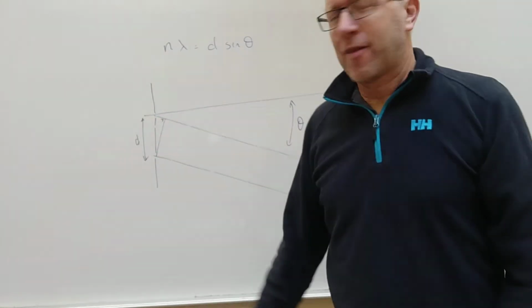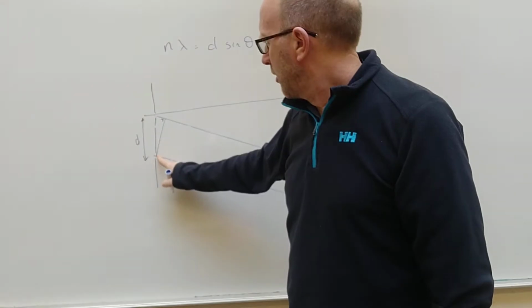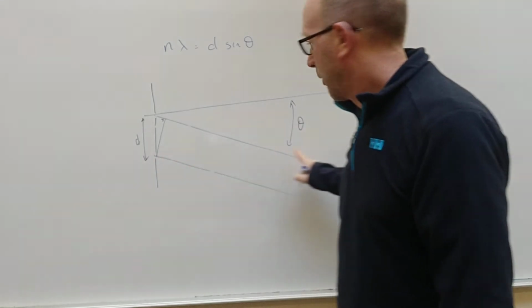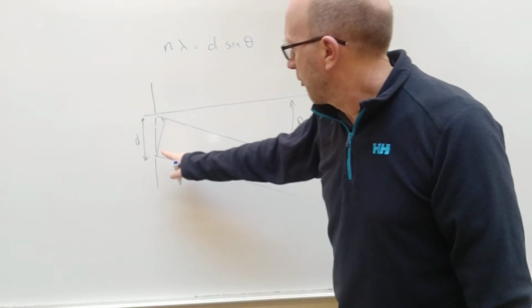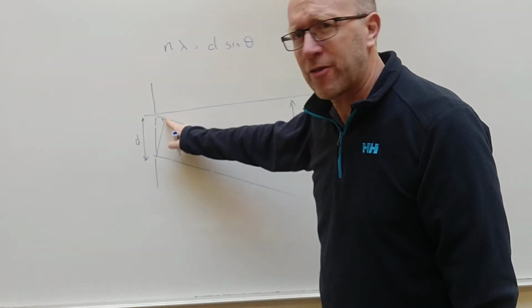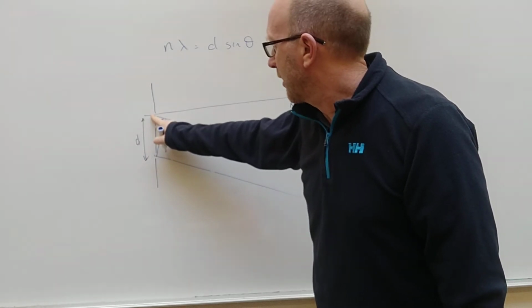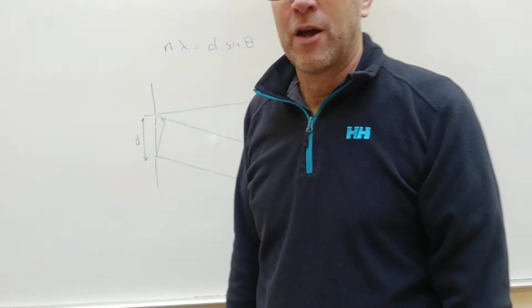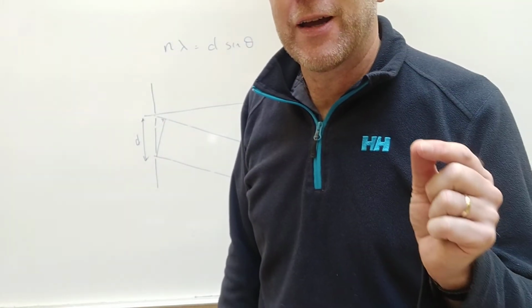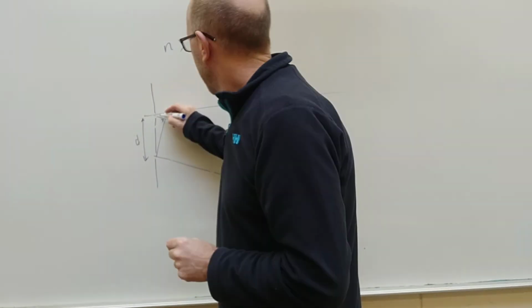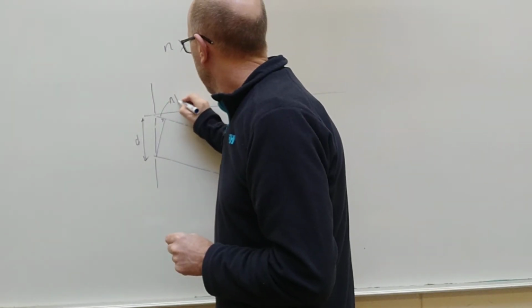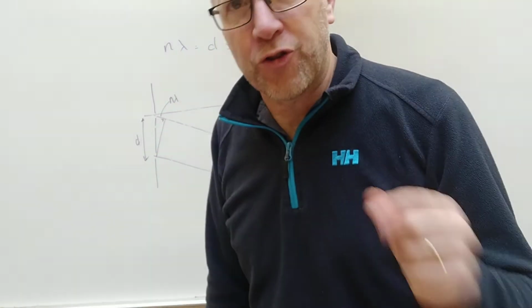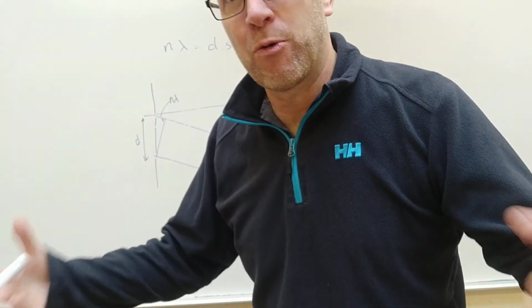If we want a crest here and a crest here, we want a crest to finish here and here, so there must be a crest at this point and at that point. I'm going to call the path difference n lambda, because it will either be one wavelength, or two, or three, or four wavelengths, or n wavelengths.